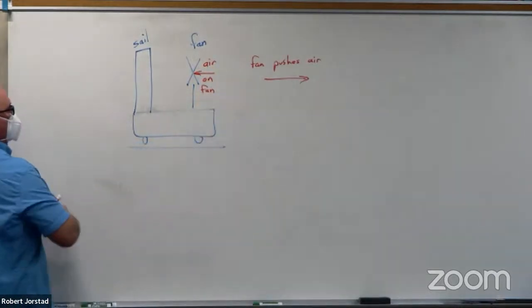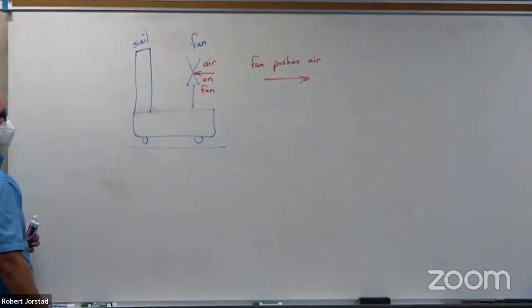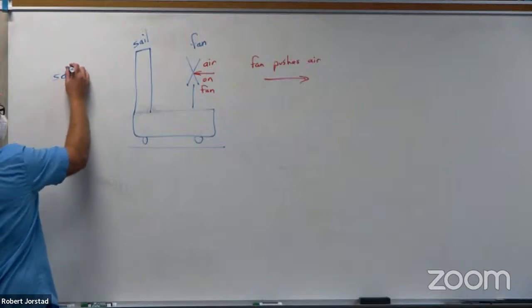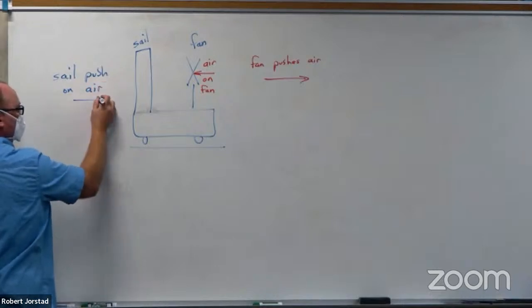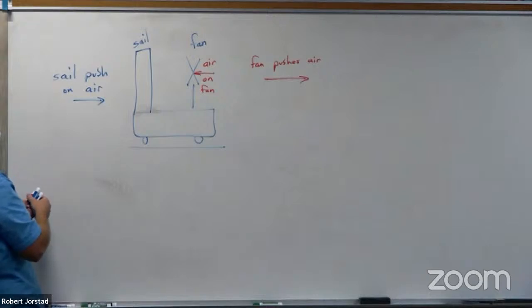Now what's going to happen when I put that giant sail and basically block it? The air presses on the sail. So which way does the sail push on the air? Based off that, which way does the air push on the sail?